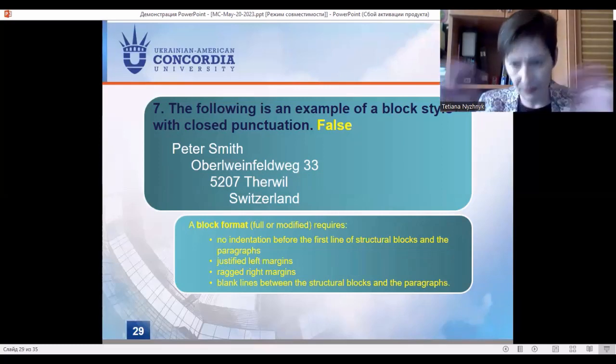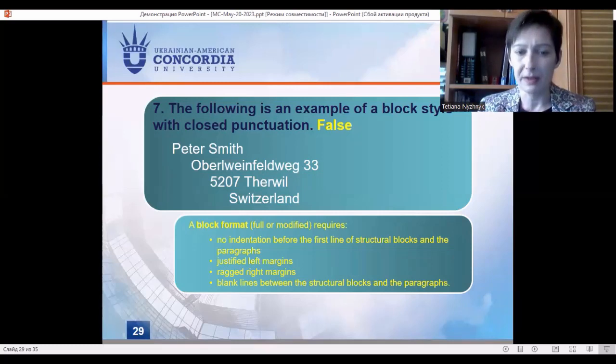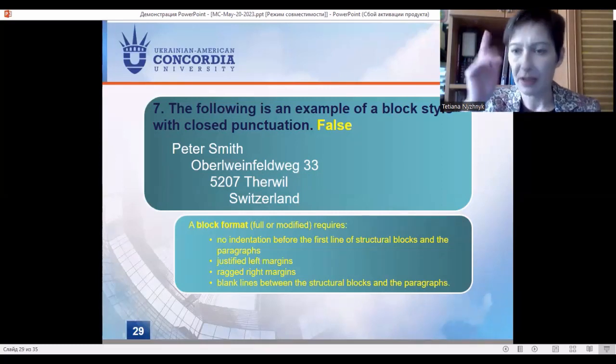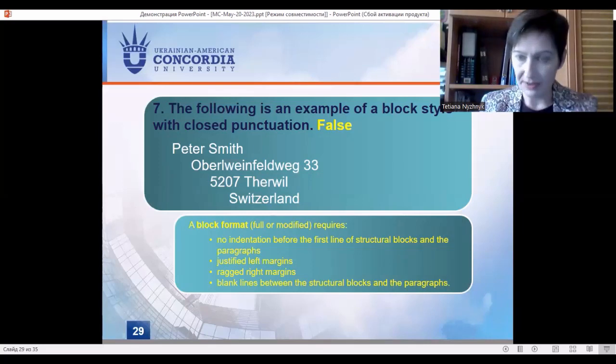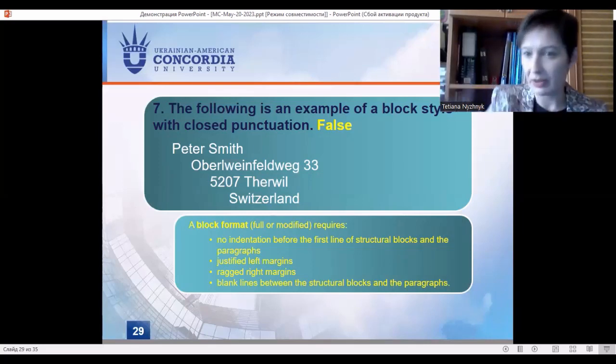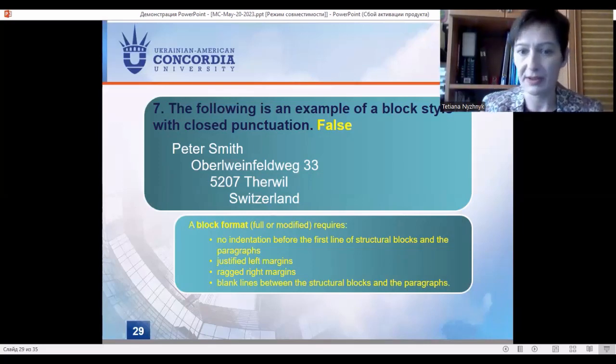In general, a block format means that you don't indent anything on the letter except quotes, if you need them, and bulleted lists, or maybe numbered lists sometimes, just for better visualization. That is, there will be no indentation before the first line of structural blocks and the paragraphs.